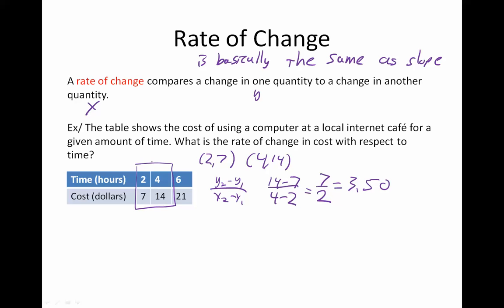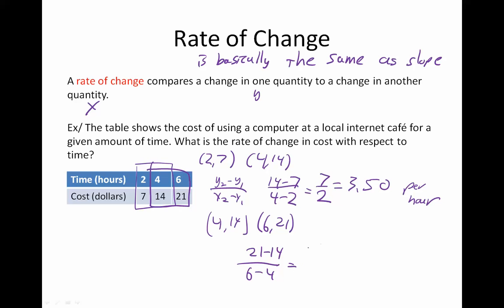So the cost between these two is $3.50 per hour. And we can check that to see if it's the same by checking these 2 points, which is 4, 14 and 6, 21. So again, 21 minus 14 over 6 minus 4 gives me 7 over 2, which is $3.50 per hour.